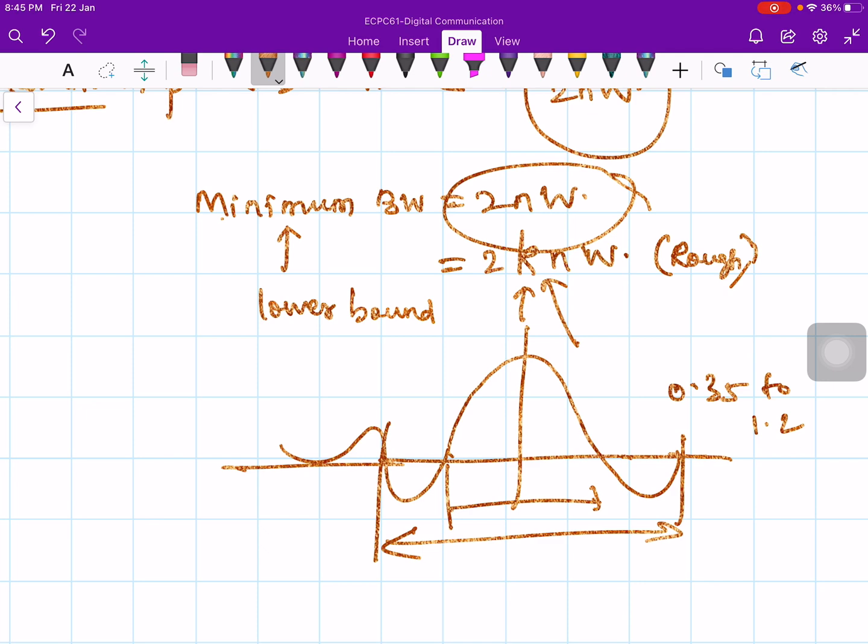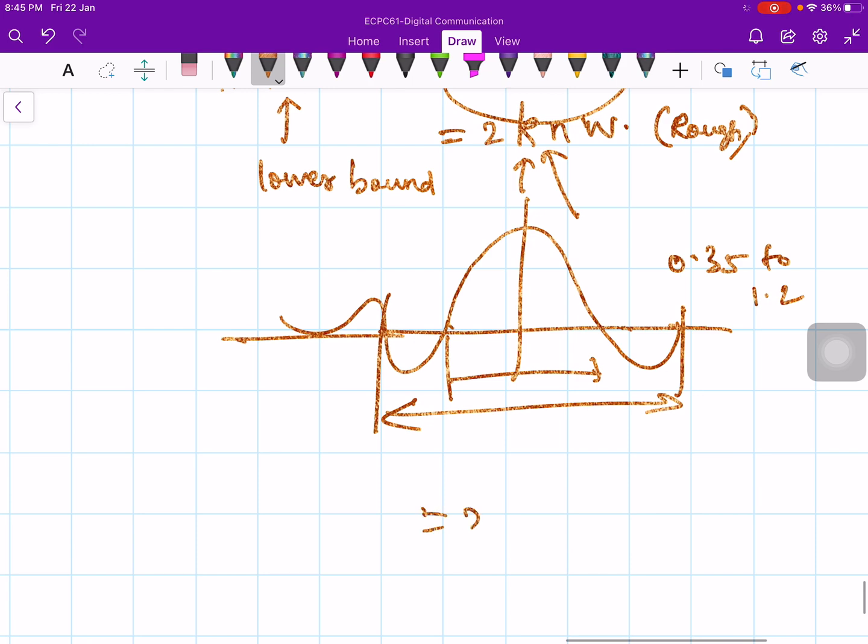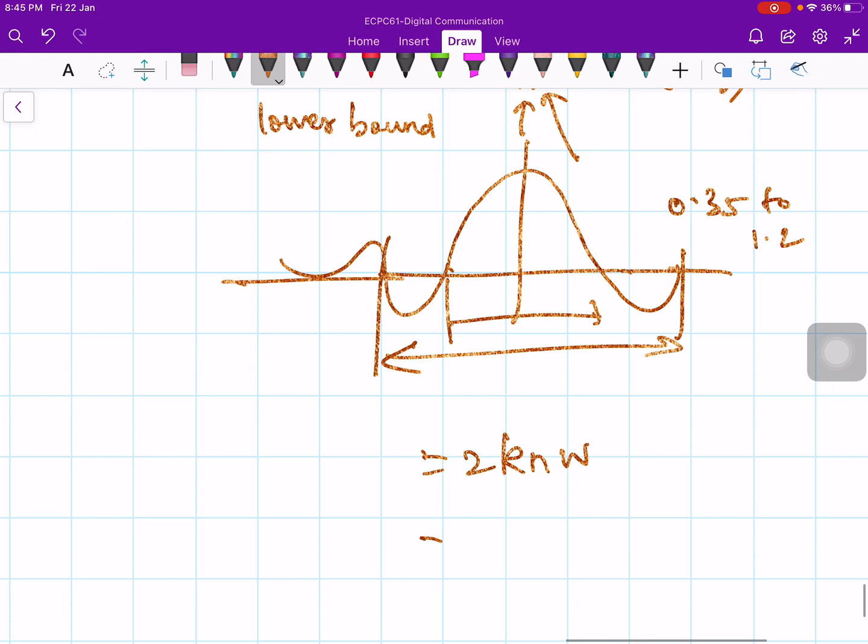In other words, I can say this 2kNW, as 2 times k times W times this n, I can write it as log Q to the base 2.